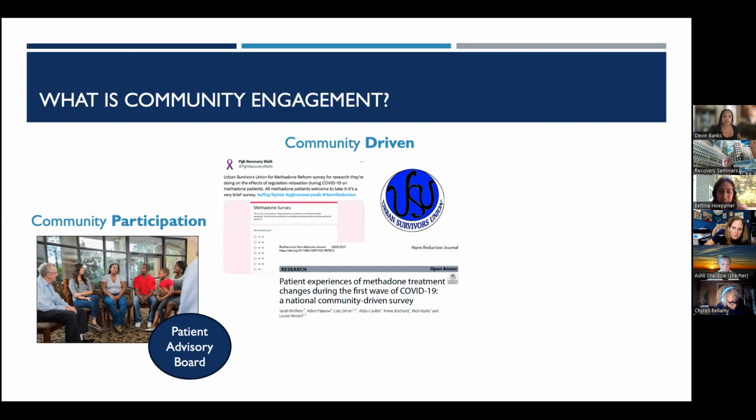And so they engaged in community-driven research and did their own survey and studies and engaged researchers to help them move forward some of the publication and IRB and more nitty-gritty research aspects of the science. But they led the research question, they led the data collection, and this all came from people who were part of this community of people on methadone maintenance.